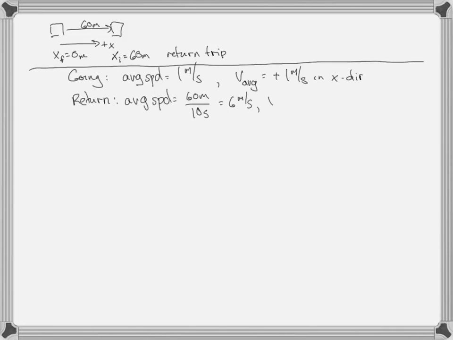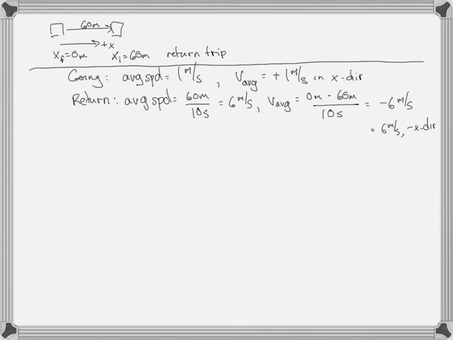So that means that the average velocity is the displacement, which is now x final, 0 meters, minus x initial, 60 meters, over the time elapsed, which is 10 seconds. And so my average velocity on the way back is minus 6 meters per second. And what that means is 6 meters per second in the minus x direction, right?